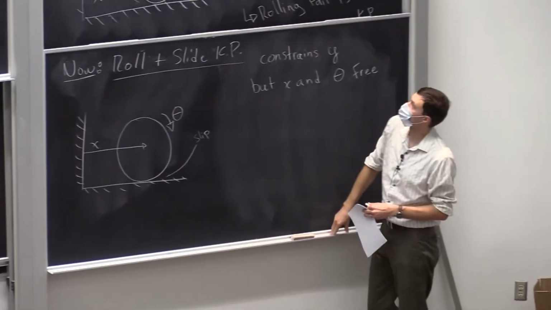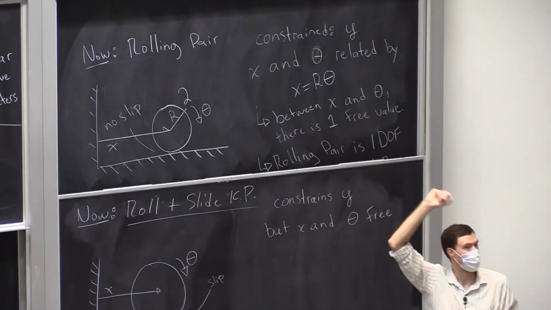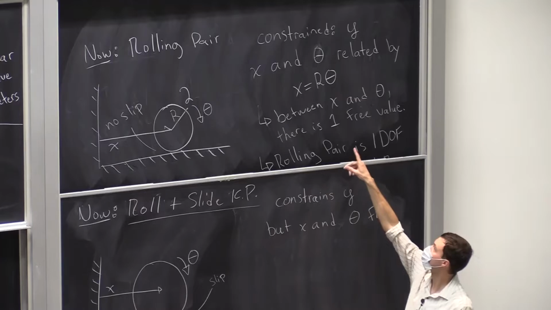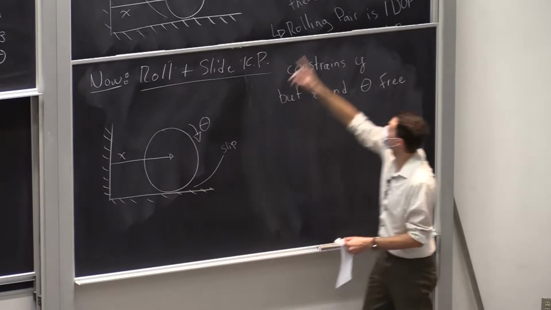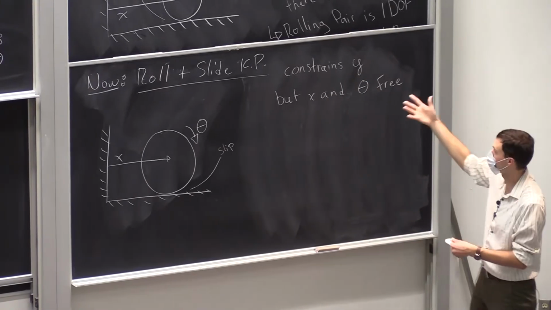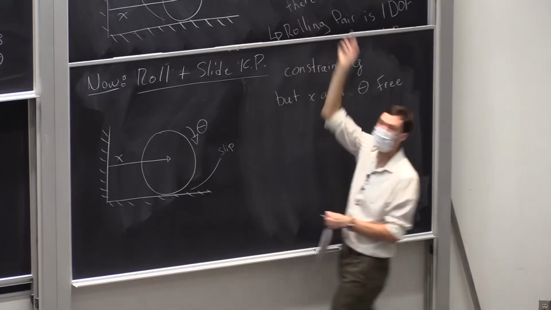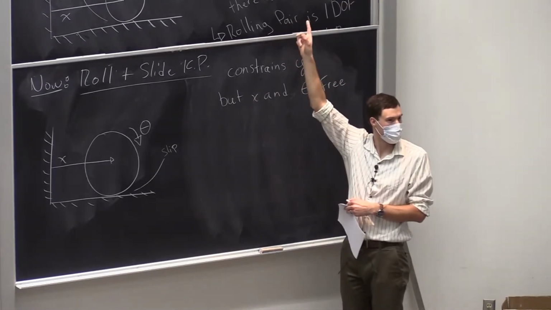And if we look up to our rolling pair, it's the same thing, except our equation is violated now. X equals r theta. It's violated. So if it starts slipping, that means that x equals r theta is broken now. Okay, if it wasn't slipping, it turns back into a rolling pair in that equation. So that equation kind of enforces the no slip condition.